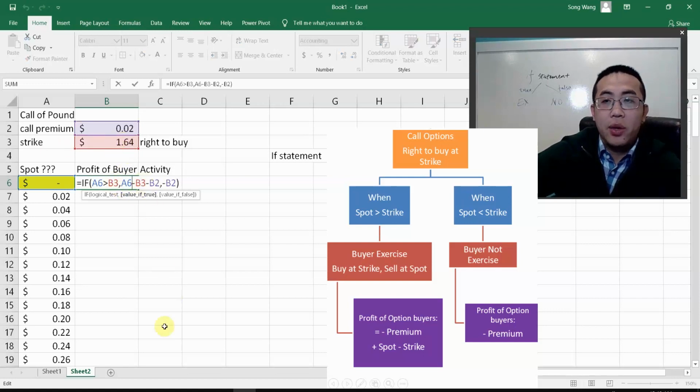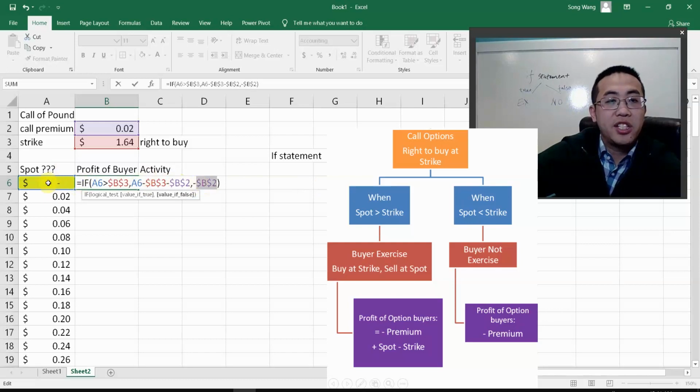If I want to drag it all the way down, I want to make sure this cell is locked, and I want to make these cells flexible. So let me just lock B3, lock it, but don't lock B2. B2 should be locked as well.